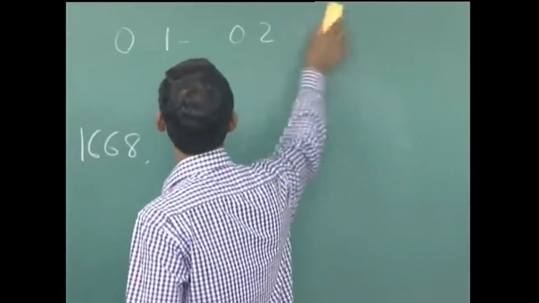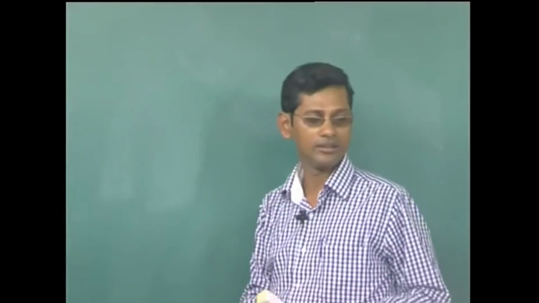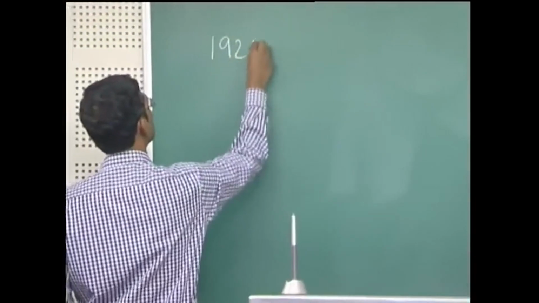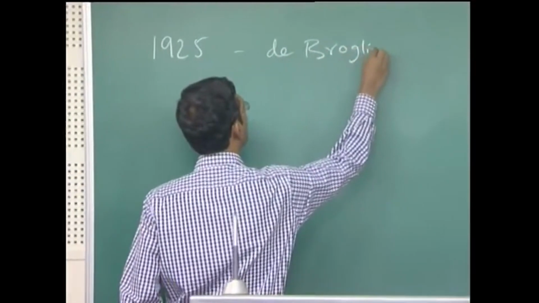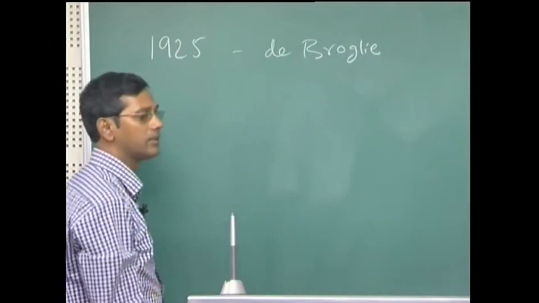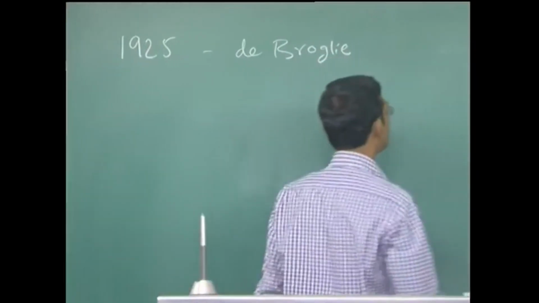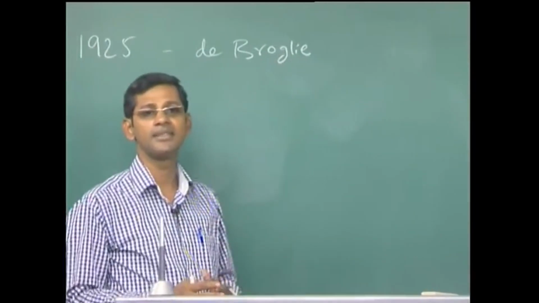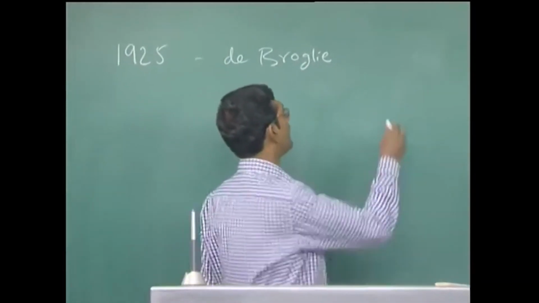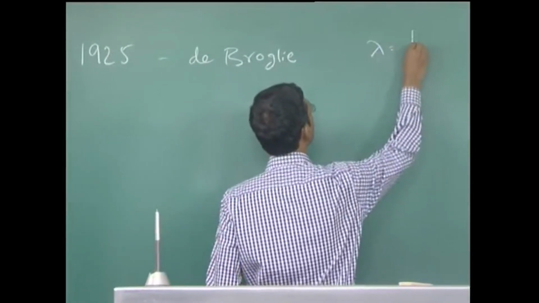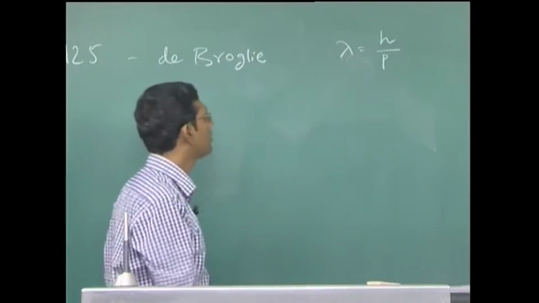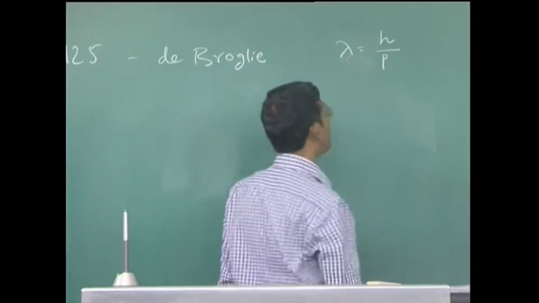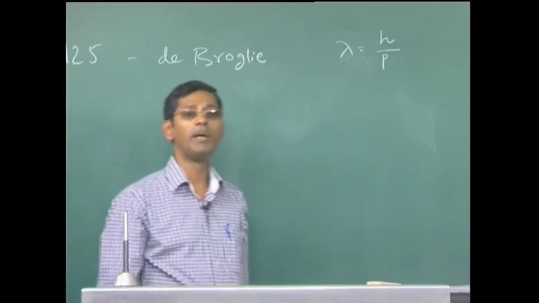De Broglie in France, in the year 1925, for the first time said electrons can be used as a wave, and he said that the electron wavelength can be defined by this formula, where lambda is the wavelength of the electron, h is the Planck constant, and p is the momentum of the electron.